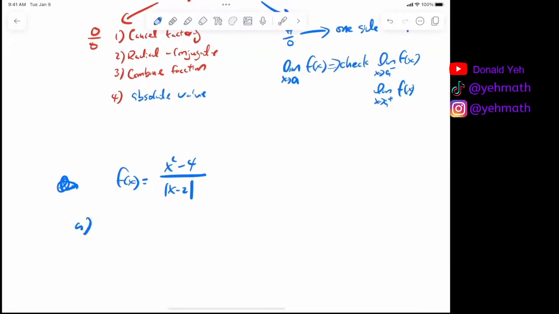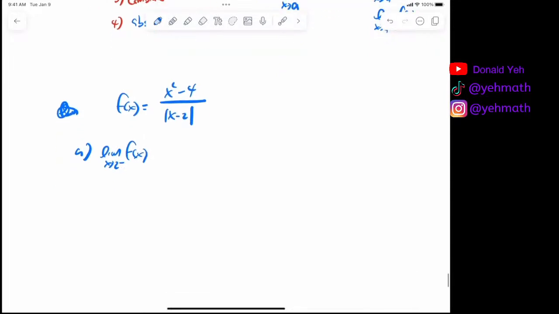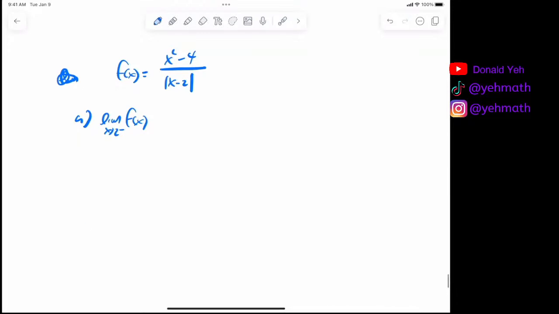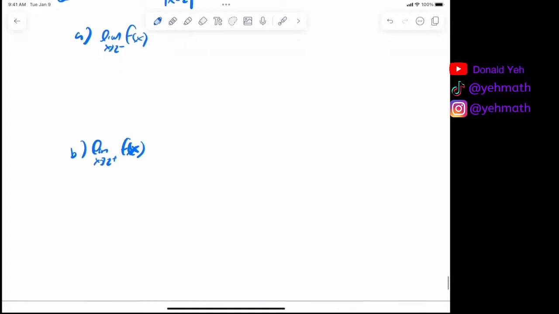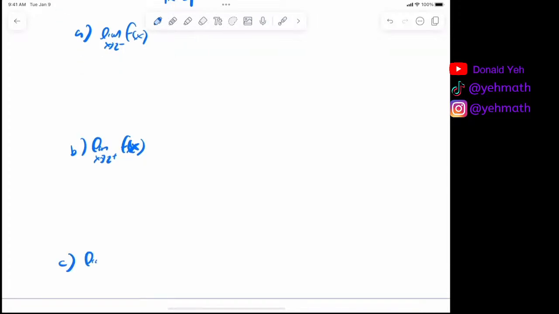In the first part, I will ask you, what happens when the limit as x approaches 2 from the left? And what if I ask you the limit as x approaches 2 from the right? And lastly, of course, the first two will tell you what happens when x approaches 2.